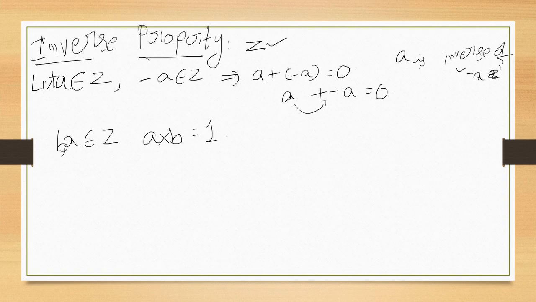Then b is called the inverse of a and a is called the inverse of b. If the multiplication of any two numbers is equal to 1, then the two numbers satisfy the inverse property according to multiplication. If the addition of any two numbers is equal to 0, then they satisfy the inverse property according to addition.